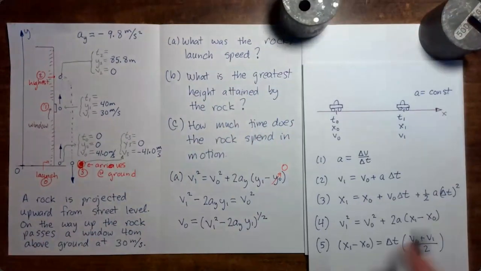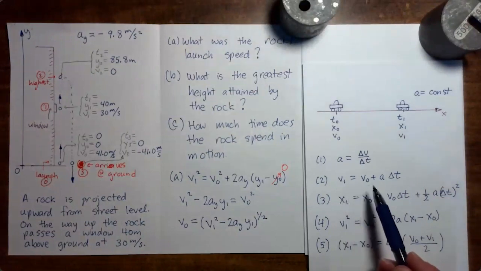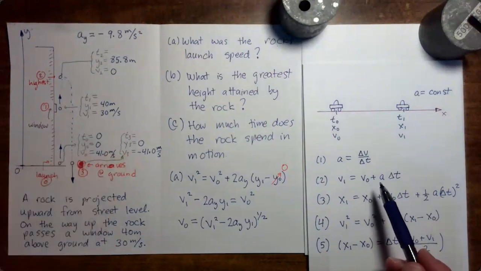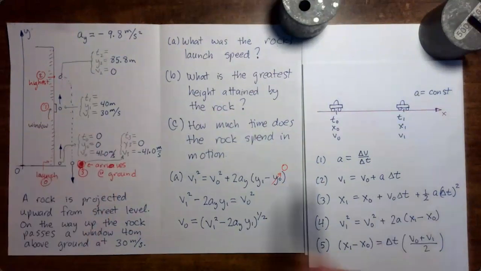So perhaps you noticed that if you take equation 2 and write equation 2 so that you connect moment 0 to moment 3, then the only unknown will be time 3.